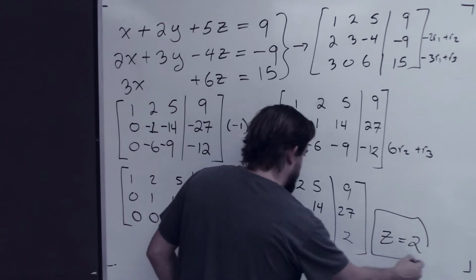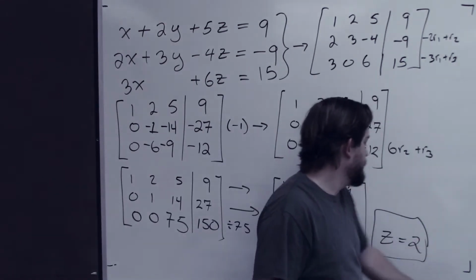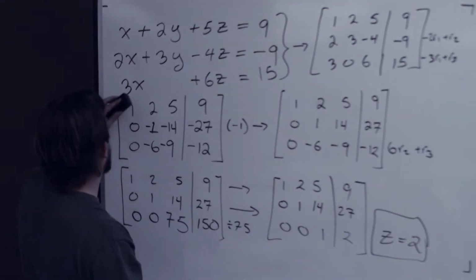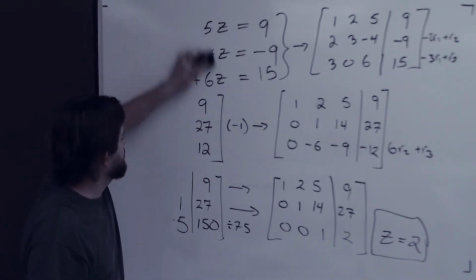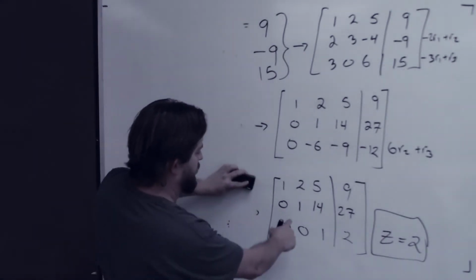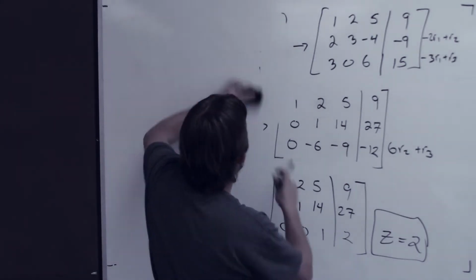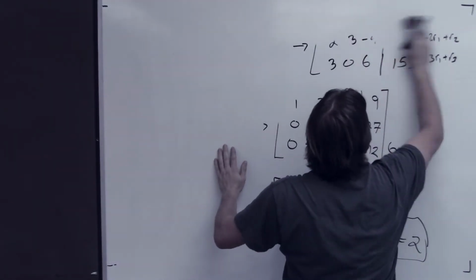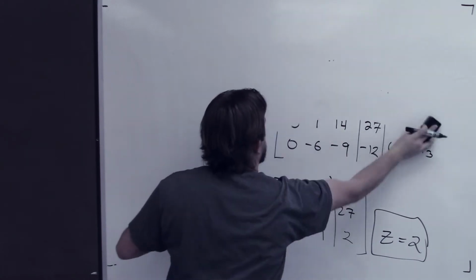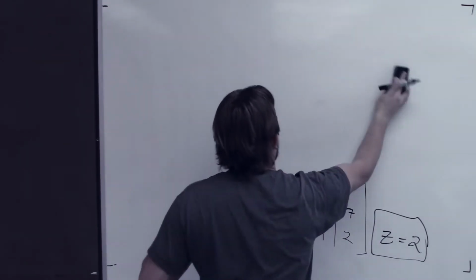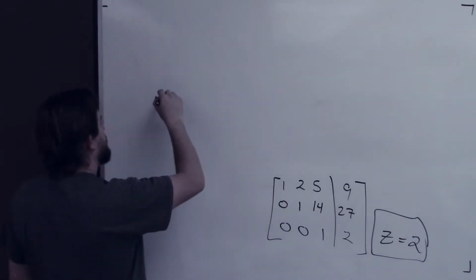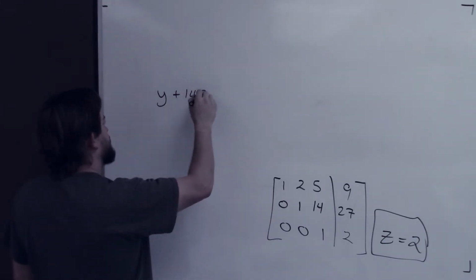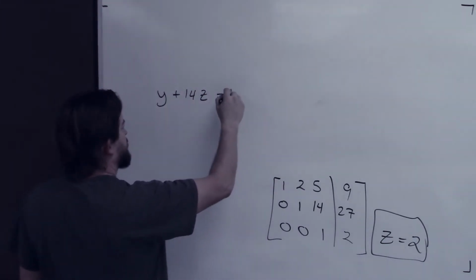Okay. I know that. What I also know, though, is that if I go back into the previous equations here, and just resubstitute, this second equation tells me that y plus 14z is equal to 27.